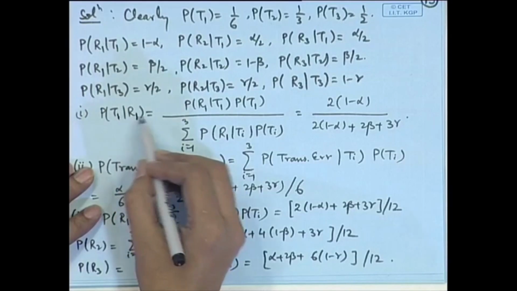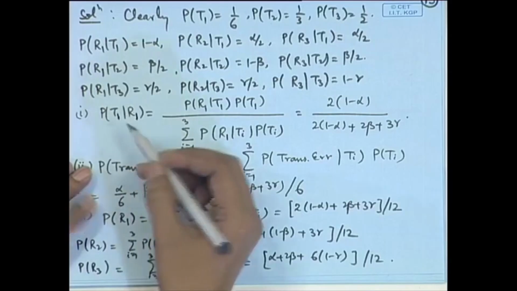It is a direct application of Bayes theorem, because T 1 is a prior event: the digit is sent before and it is received afterwards. Now, in the light of the new information about what has happened afterwards, what is the probability of a prior event? This is what we call posterior probabilities.